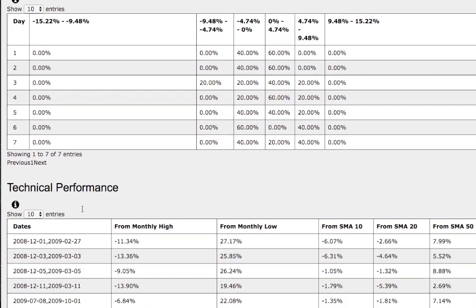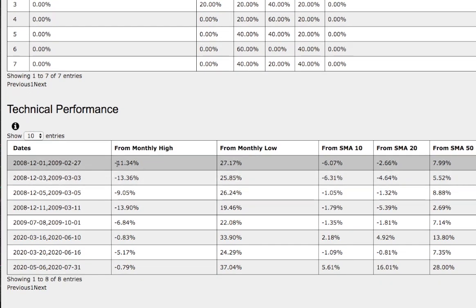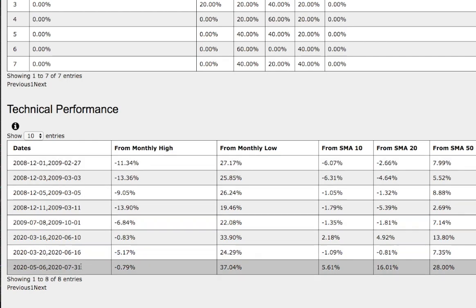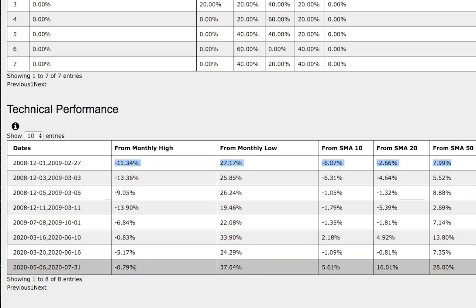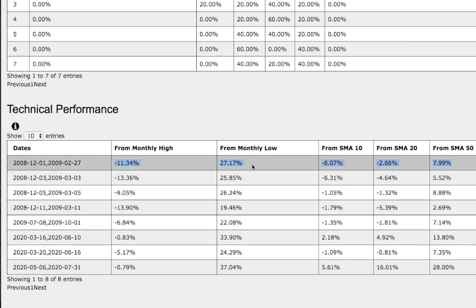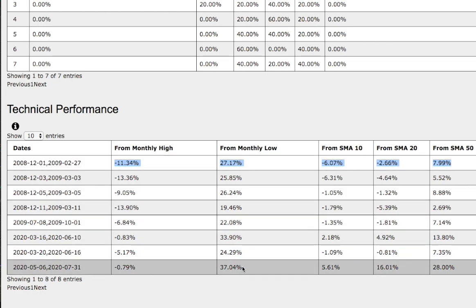So let's examine closer the technical performance of each trend, comparing the current trend with the trend in the past that we just found. Back then, it was 11% away from the monthly high. Compare that to the current trend, which is only 80 basis points from the monthly high. Back then, it was up 27% from the monthly low. Compared to the current trend, right now it is up 37%.